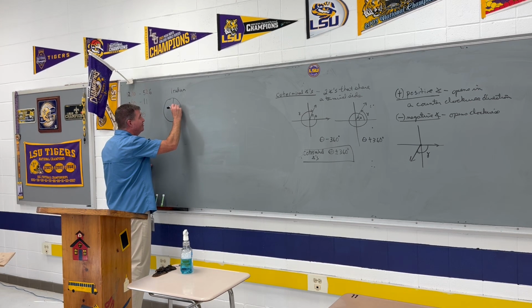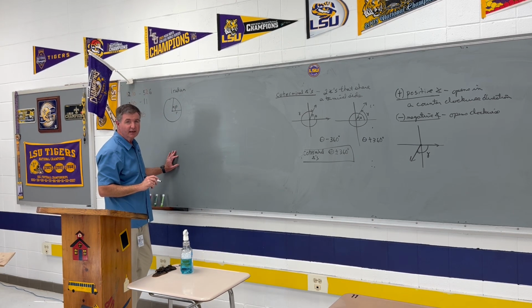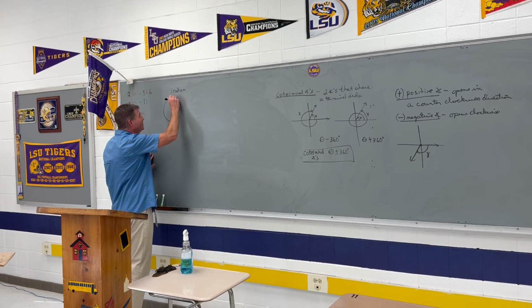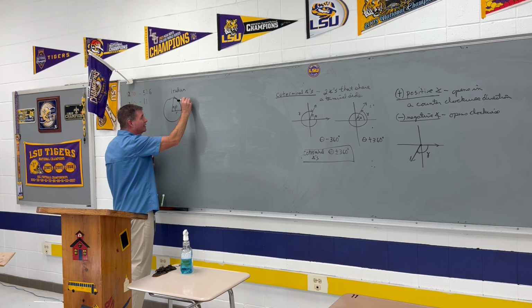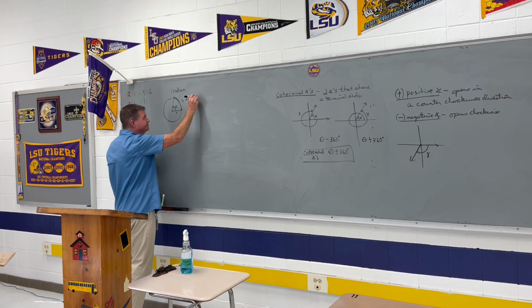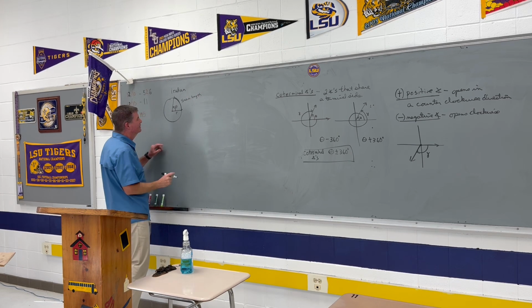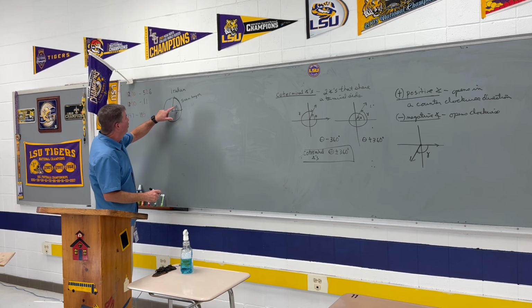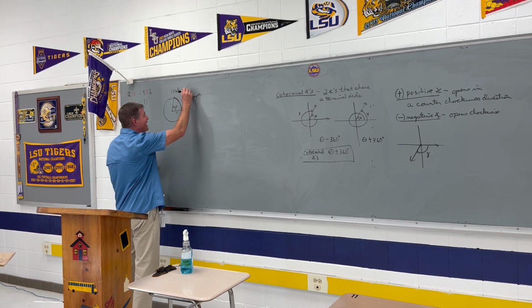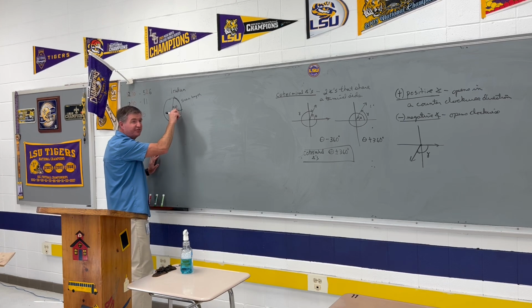We have theta, which is our angle, and we're going to have the length from the initial side to the terminal side. This is known as S, or our arc length. So this is the length of the arc from here to here.